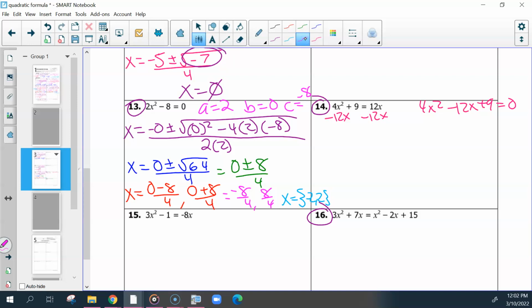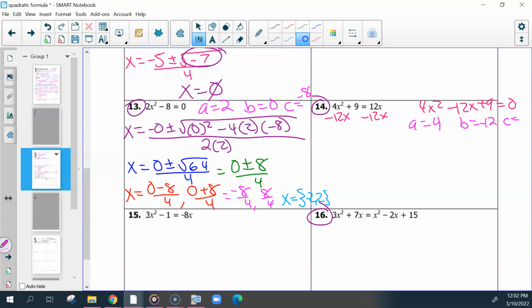What are your A, B, and C values? A here is what? 4. B here is negative 12.